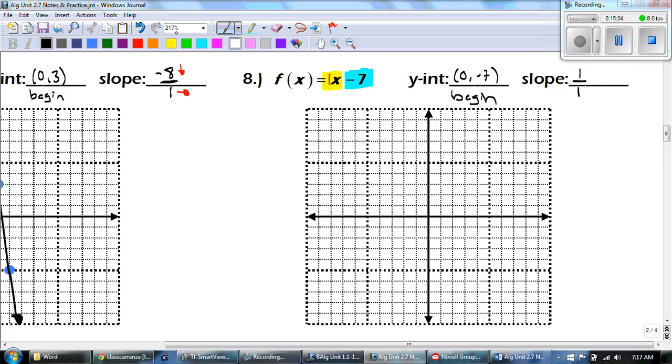So it's 1 over 1, which means I'm going to go up 1 to the right 1. So starting at -7, up 1 over 1, up 1 over 1, up 1 over 1. And I'm going to go in both directions. And then draw my line.